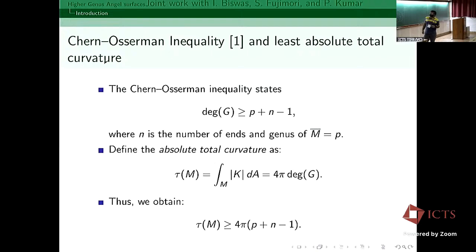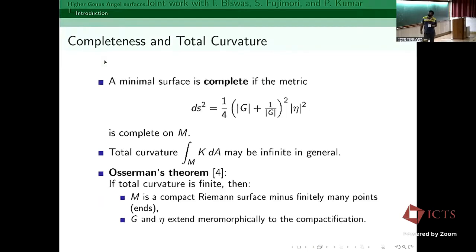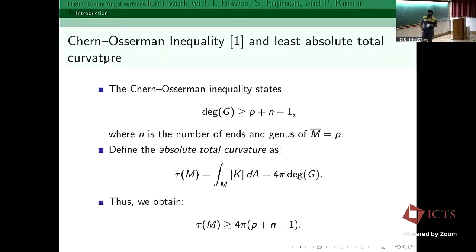For these complete finite total curvature surfaces, we have this inequality, the Chern-Osserman inequality, where n is the number of punctures and p is the genus. In general, the total curvature can be negative, so we cannot talk about a lower bound.